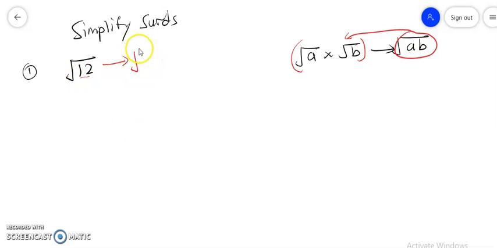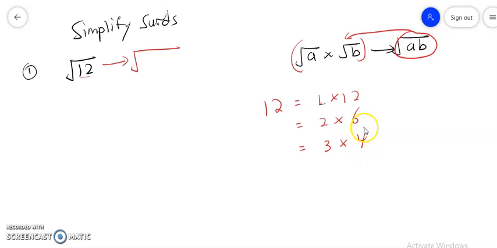So in what number? The factors of 12 are 1, 12, 2, 6, 3, 4. And we find a number which we can square root perfectly.